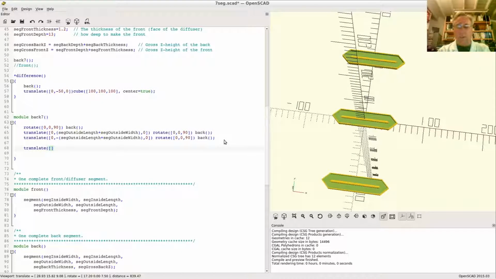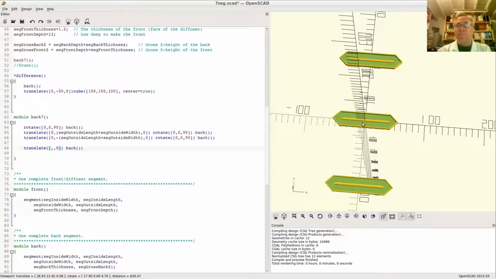Now the left ones and the right ones are not going to be rotated. They're going to be the way they were originally. They're not going to move in Z, so they're going to move somewhere in X and somewhere in Y. What are they going to do in X? Well, we know that the center of the segment, if we don't move it at all, is right on this origin. We need to move the center over to the tip of this, which is half of the outside length plus this distance in here is half of the outside width.